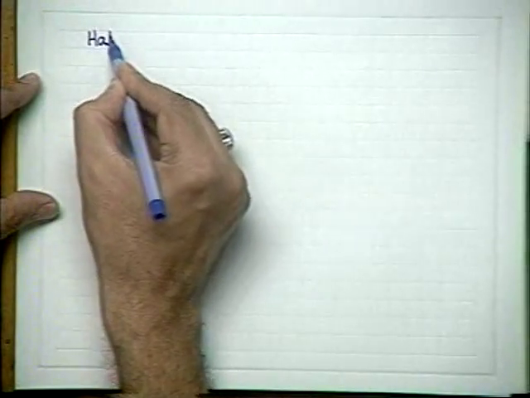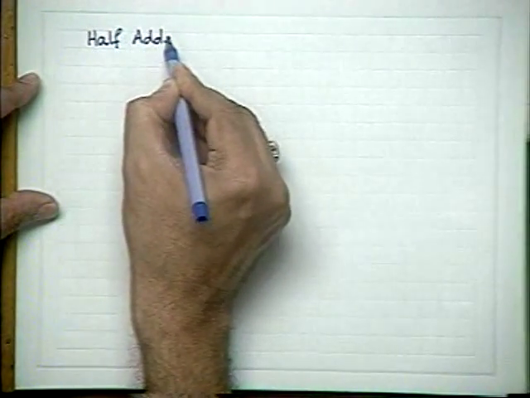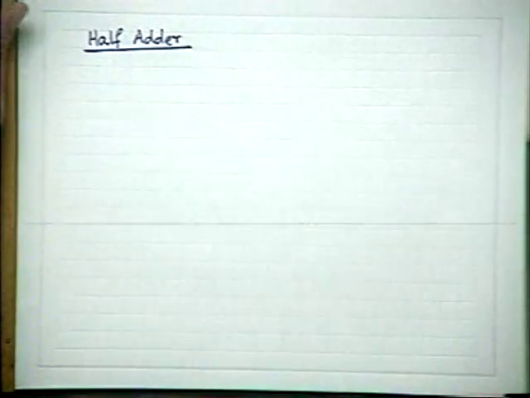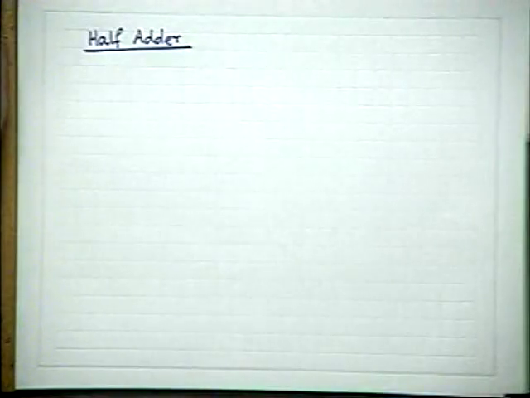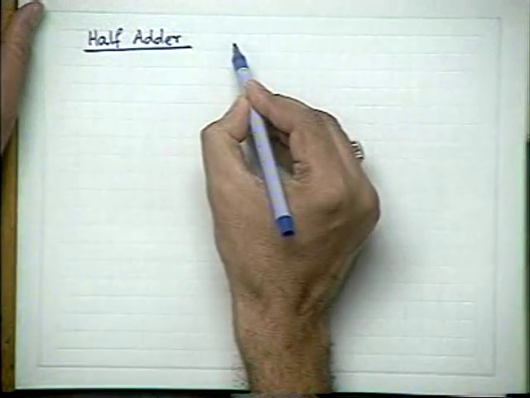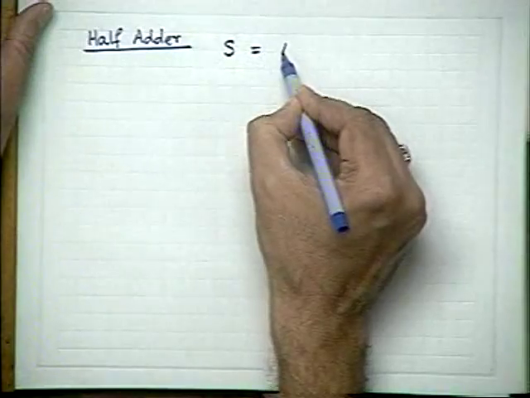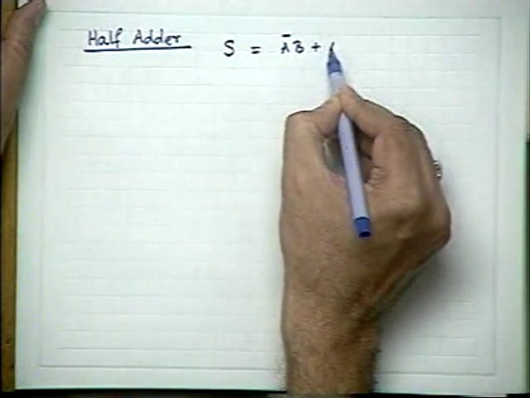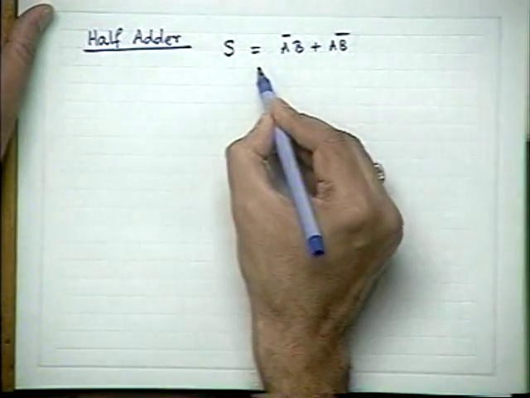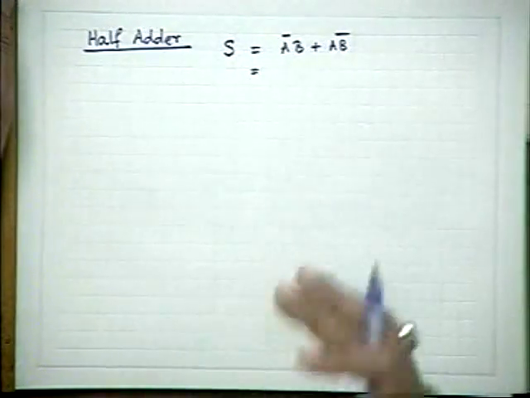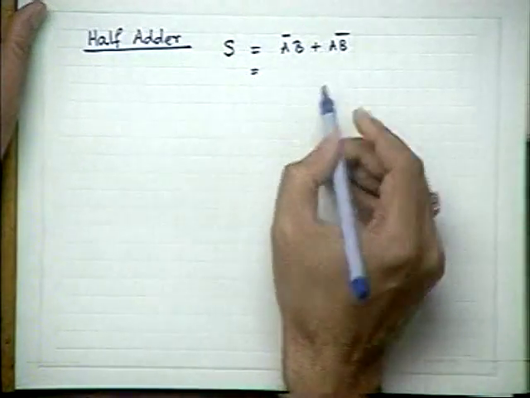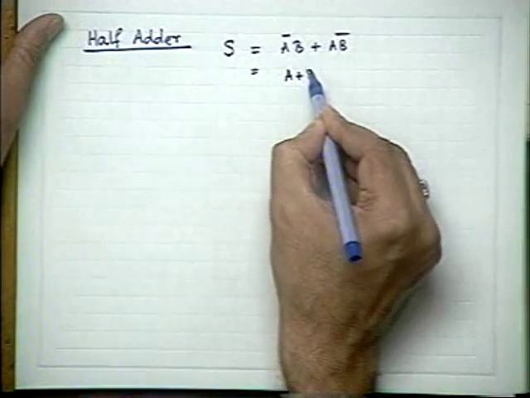Let us now see some examples. I'll show you the first example, how to realize a half adder circuit using I square L. In a half adder, the sum, which is nothing but the exclusive OR, can be expressed, as you remember, using NOR gates, and I can write it like this.